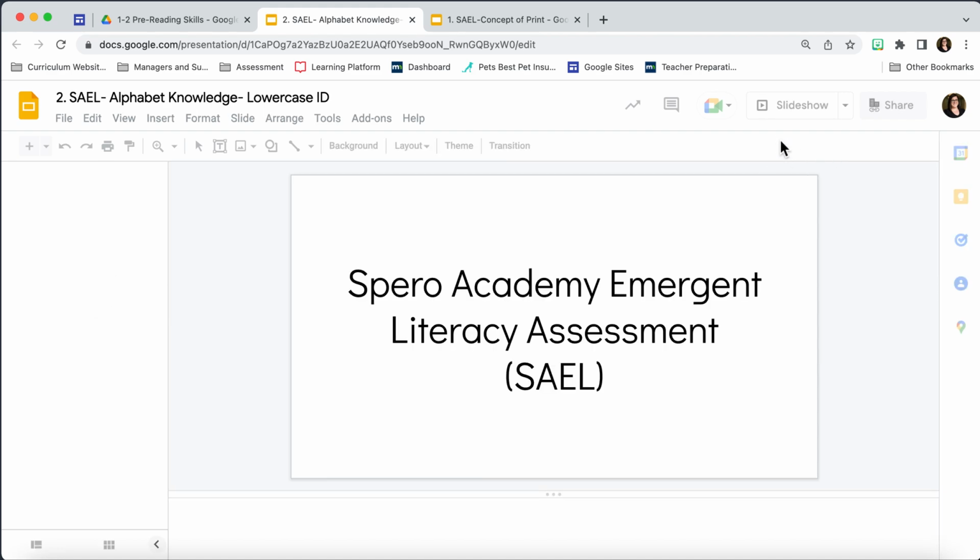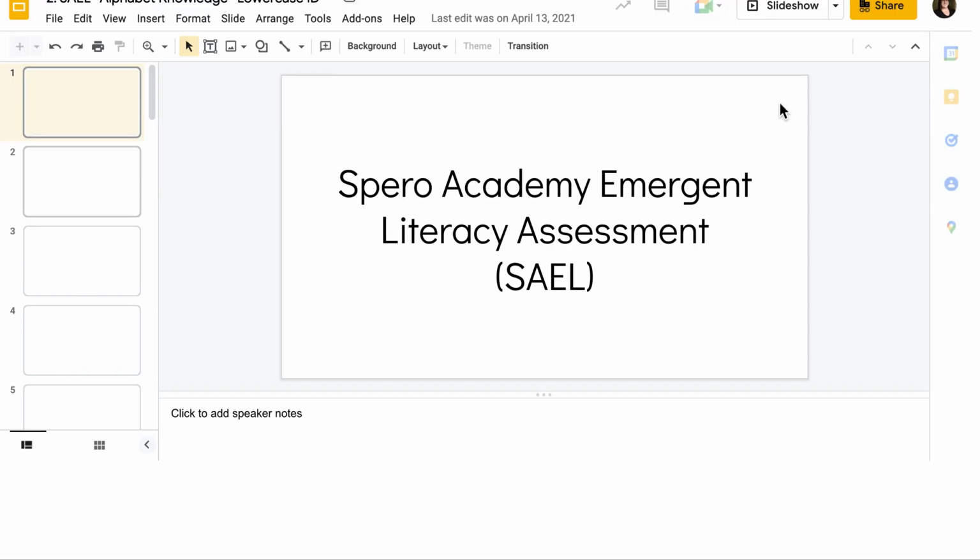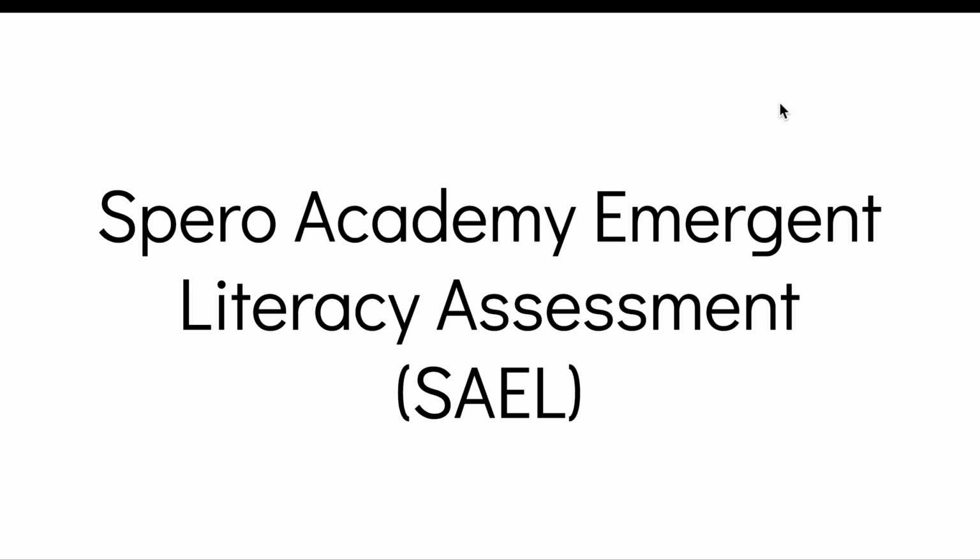So I'll say that when you're doing this assessment, I just ask that you click on slideshow rather than just scrolling through the slide deck with all of these still up on the left hand side. And that's because it will help your students to just focus on one particular slide at a time, versus seeing what's coming up, or maybe noticing the colors and things that are up at the top.